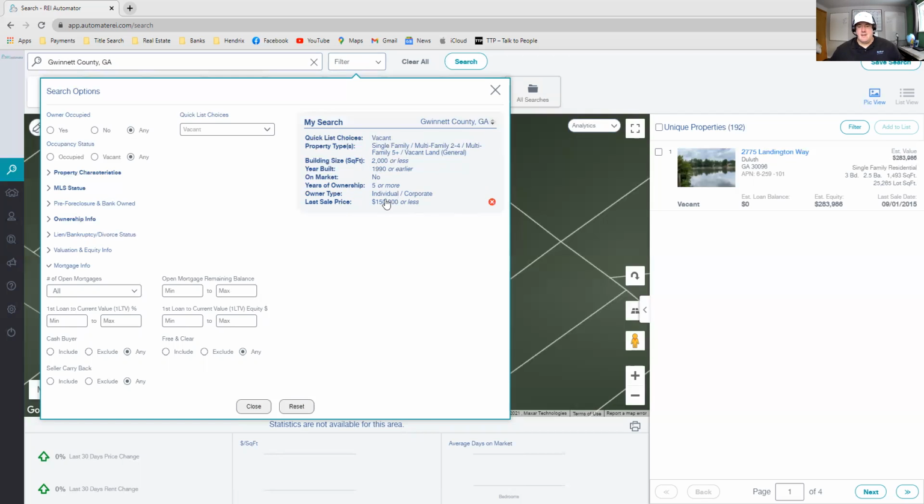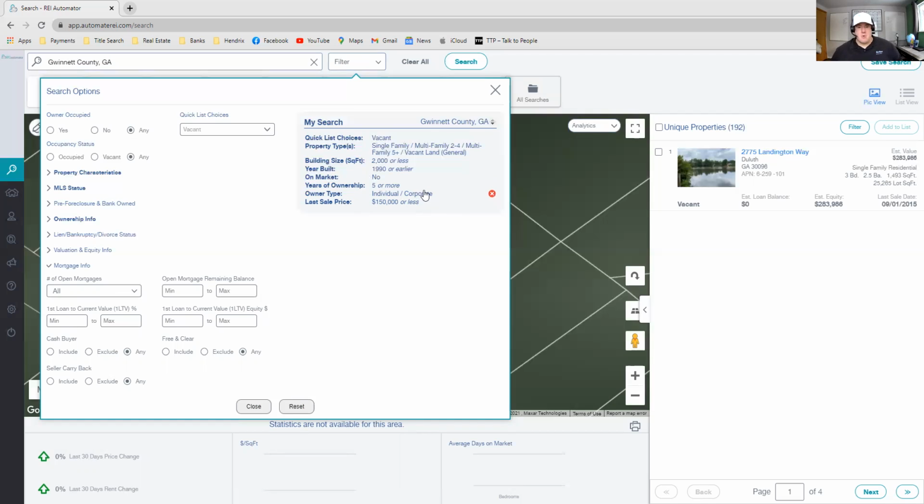Ownership type, so let me go over this real quick. Ownership type just means who owns it. So if I, Mike Keller, own a property, that's an individual. If I have a company like an LLC or corporation, or Keller Properties, that owns the property, then it would be considered a corporate property.